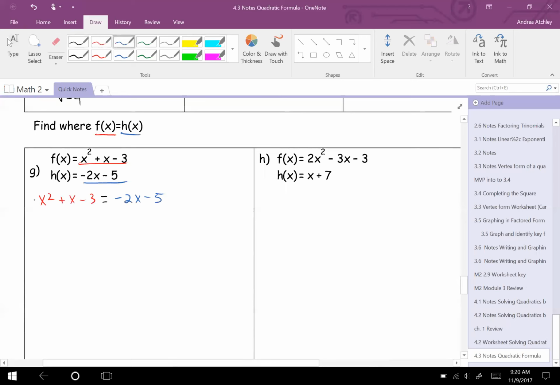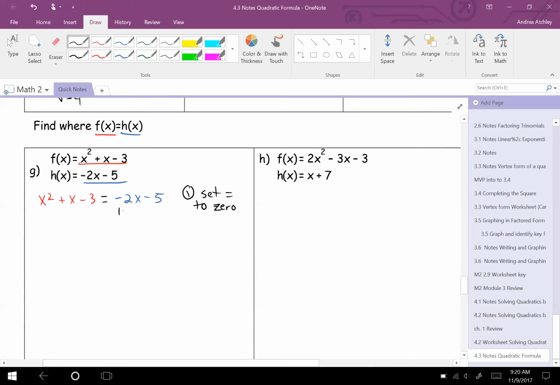Now this is a quadratic function because it has an x squared. That means to solve it, I need to set it equal to 0. That's the first thing I need to do. So that means I need to get rid of the negative 2x and the negative 5.